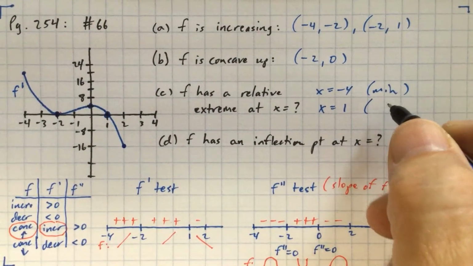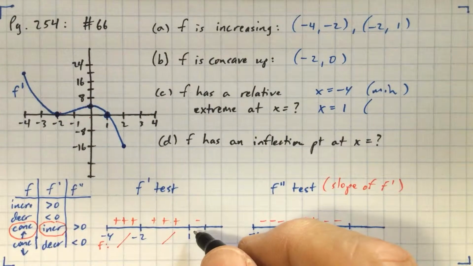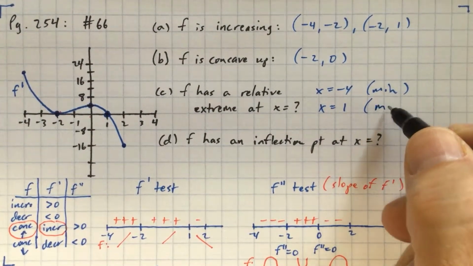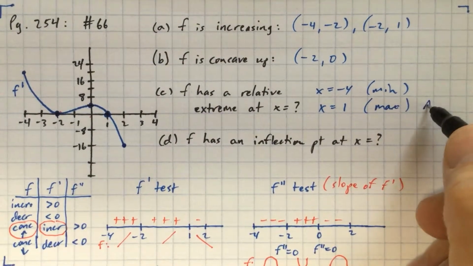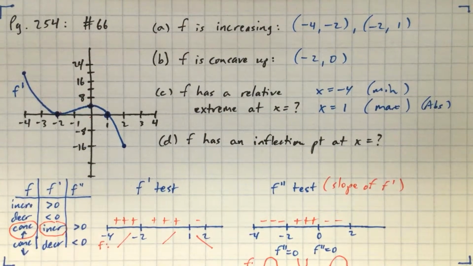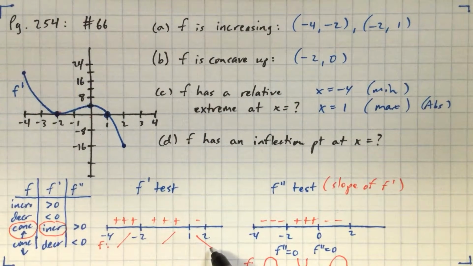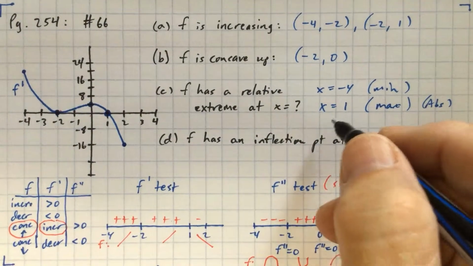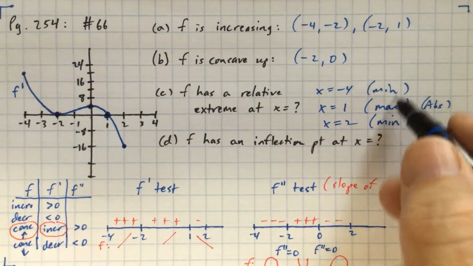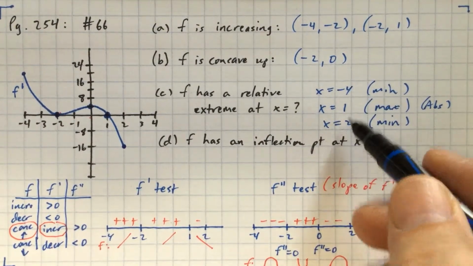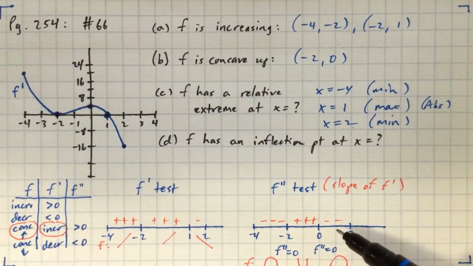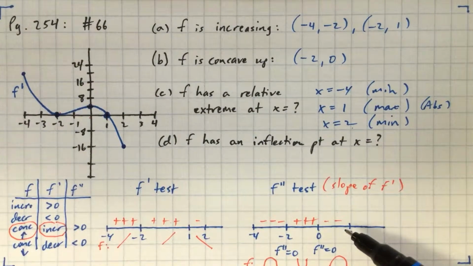So we just know that when x is equal to 1, we have a max, and that max happens to be an absolute max based on what we talked about before. And then we also have a local min when x is equal to 2. Again, we're not sure how high or low f of negative 4 or f of 2 is, so we're not sure whether those are absolutes or relatives.